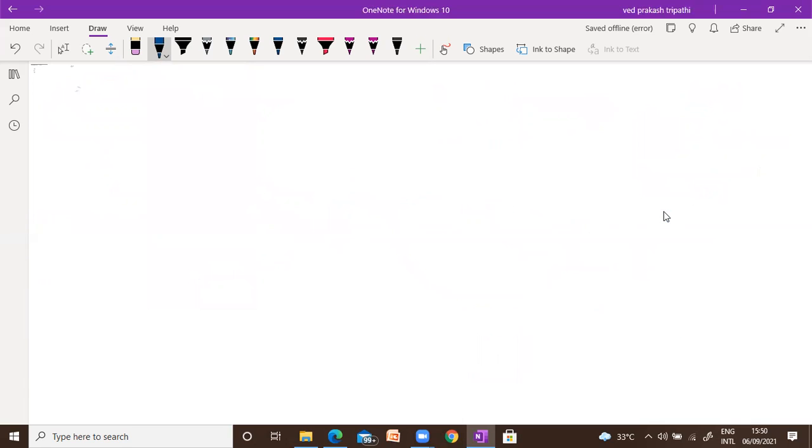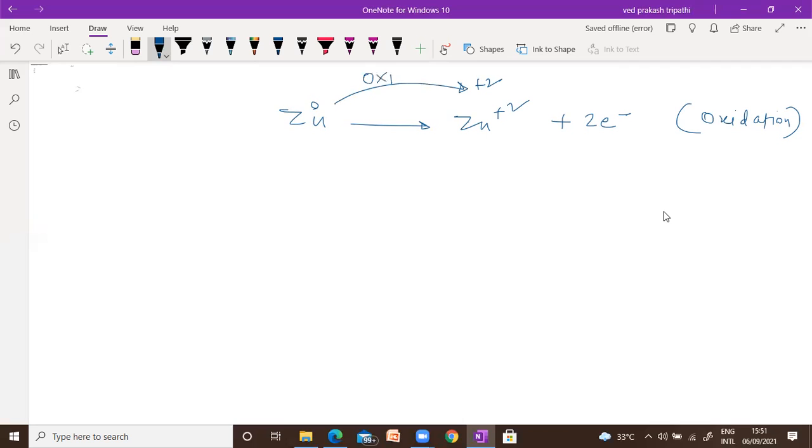Now the term is, what is a reducing agent and what is an oxidizing agent? Suppose I am saying zinc converts into zinc +2 by losing 2 electrons. We know that it is an oxidation of zinc, because it is 0 to +2, meaning an increase in oxidation number, so this is oxidation.